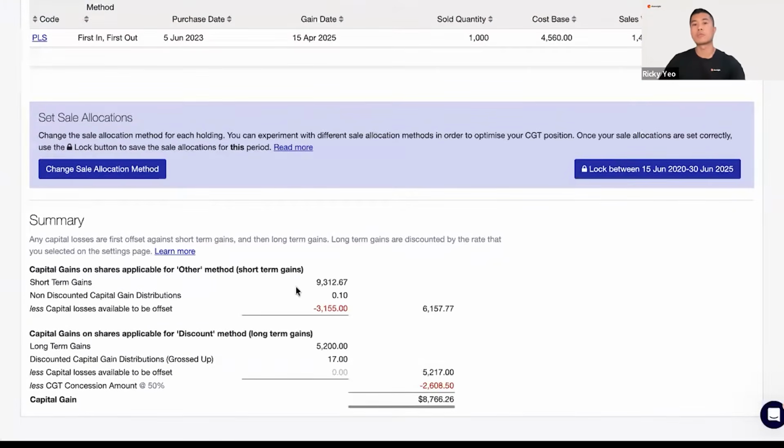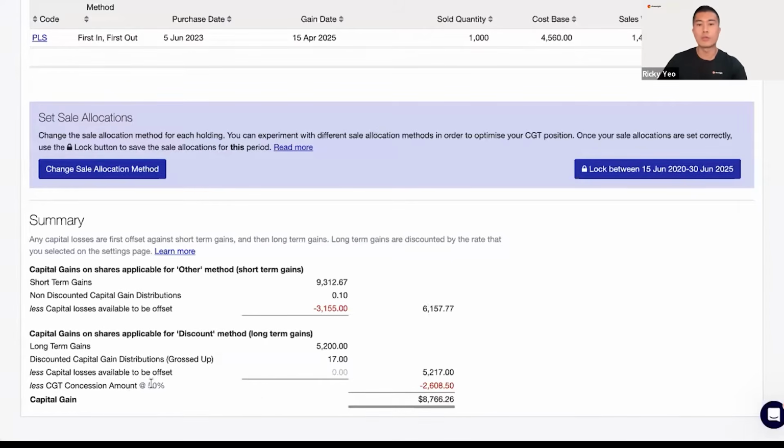After Sharesight does all those calculations, it will show you the summary. The summary takes your short-term gains minus all the capital losses, which gives you a capital gain after losses. You then look at your long-term gains and apply any remaining capital losses, and then calculate your CGT concession, which is your CGT discount.